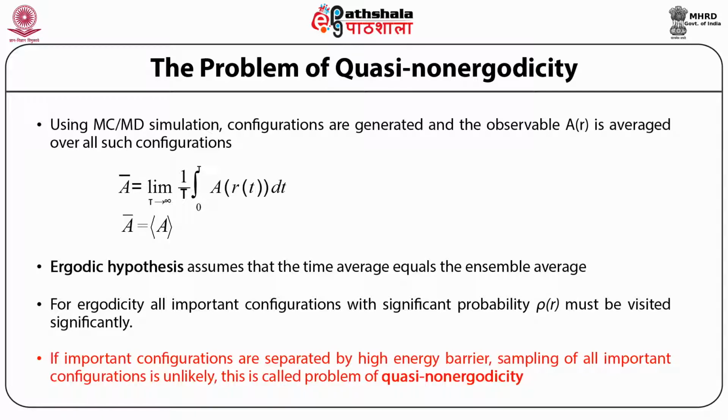No. Actually what happens if you run a system for a long time under equilibration? You collect the maximum number of configurations, conformations or structures which are low energy and stable.